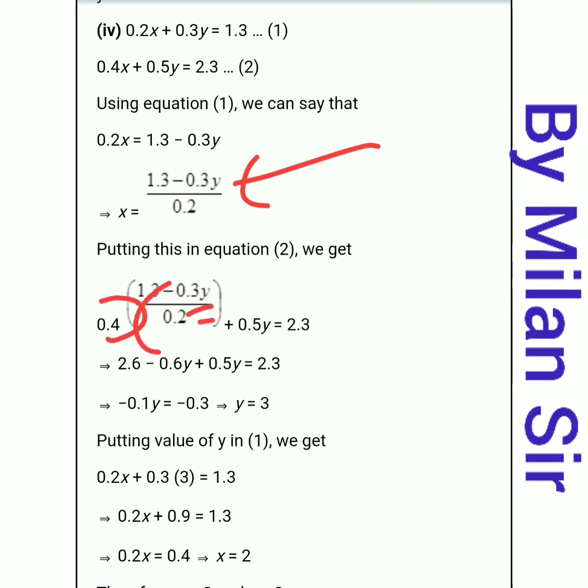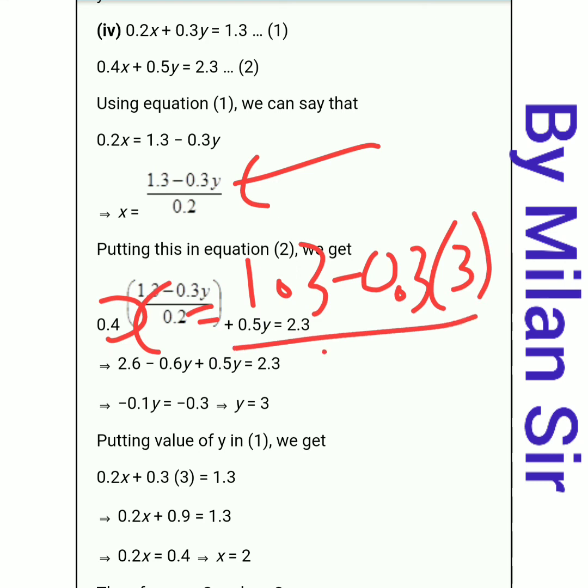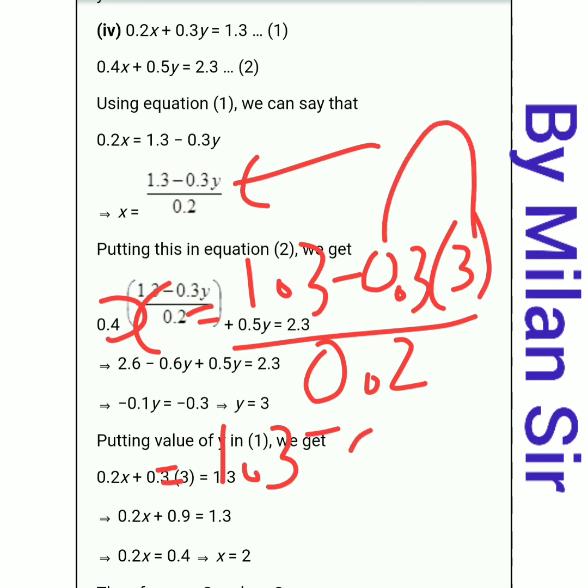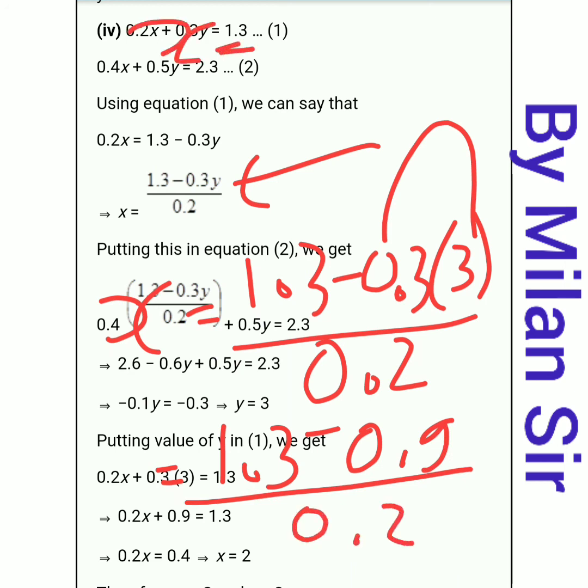So x equals (1.3 minus 0.3y) divided by 0.2. Put y equals 3. So 1.3 as it is, 3 into 0.3 is 0.9, divided by 0.2. So x equals 1.3 minus 0.9, 0.4, divided by 0.2. So 2 into 2 is 4, that's why x equals 2.